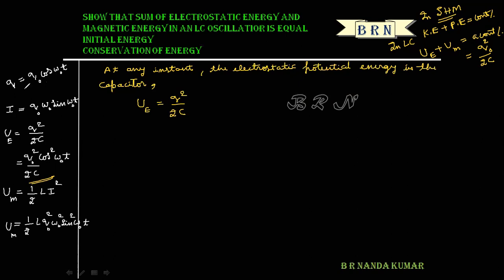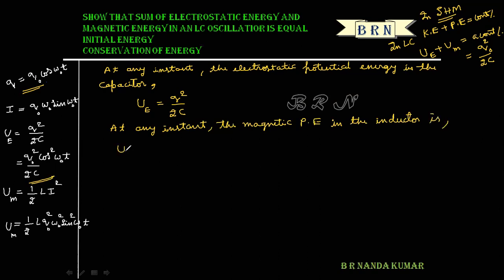Here Q is Q naught cos omega naught T. At any instant, the magnetic potential energy in the inductor, that is UM, is equal to half L I square.